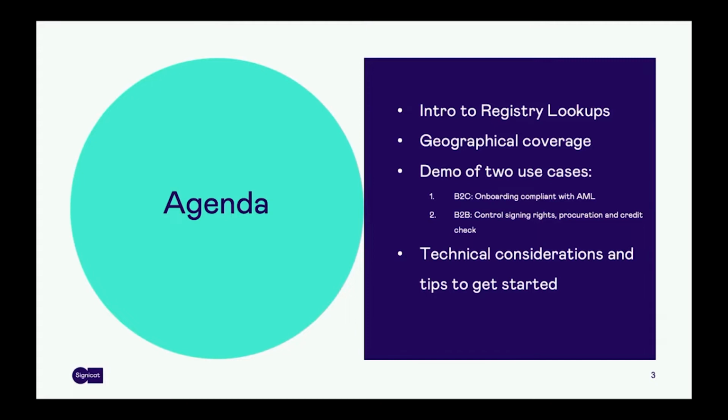And then a B2B example, where we will control signing rights, procuration, credit check, ownership, etc. And we'll demo these two in Postman, and we will also demo this in a code example. And finally, we'll round off with some technical considerations and how to get started.